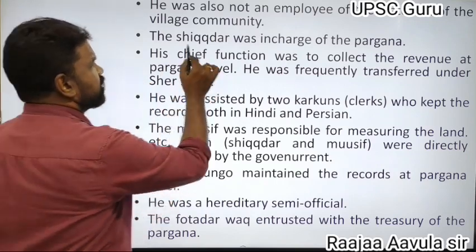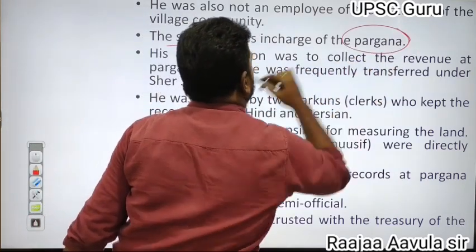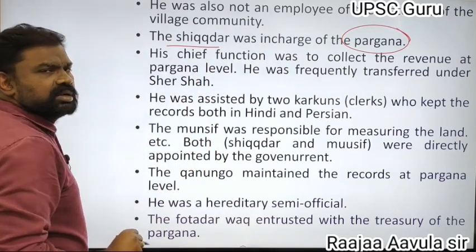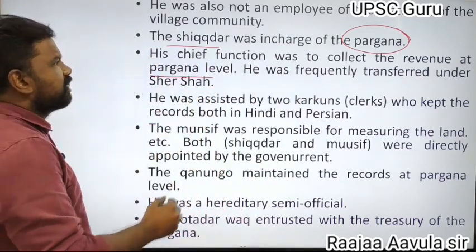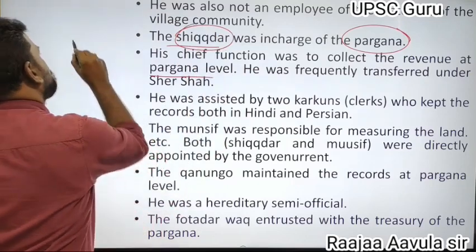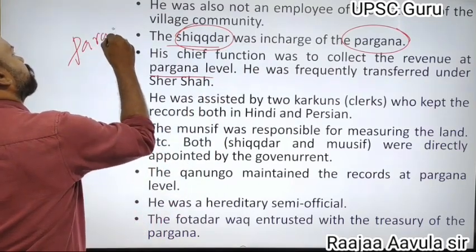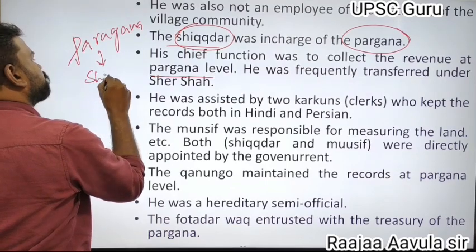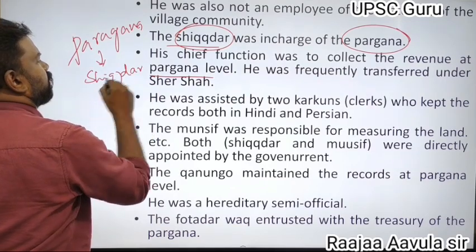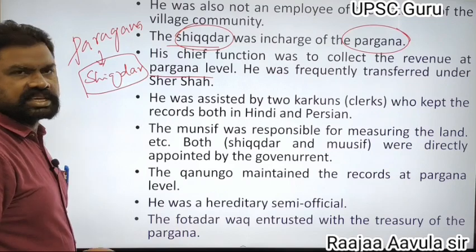The Sikdar was in charge of the Pargana. The chief function of the Sikdar at the Pargana level was to collect revenue; he was the officer to collect the taxes.